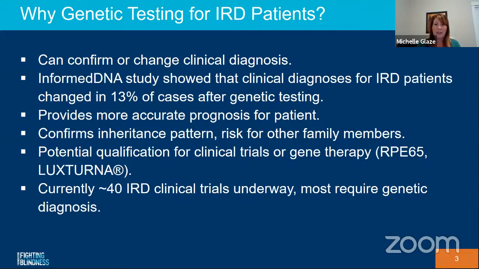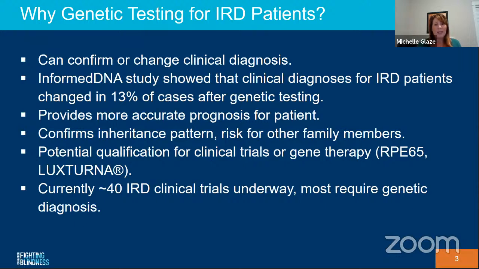After he got genetic testing done, it was found that he actually had LCA, and that was very powerful for the family. They were able to connect with other families, other children who have the same genetic mutation. They've gotten involved in a support group. So it's really important to confirm that clinical diagnosis because sometimes that will change.